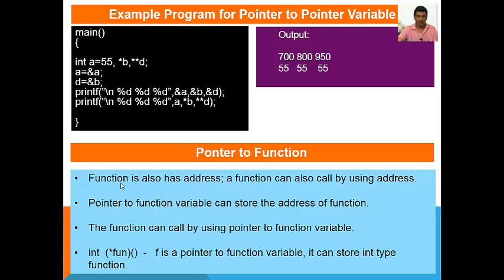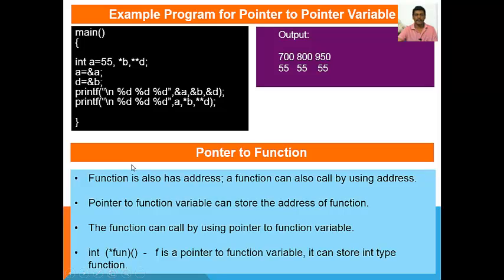In pointer to function also, the function has an address. We can call it by using the address. A function has an address. We can store that address into a pointer to function variable. A pointer variable stores the address of a variable.